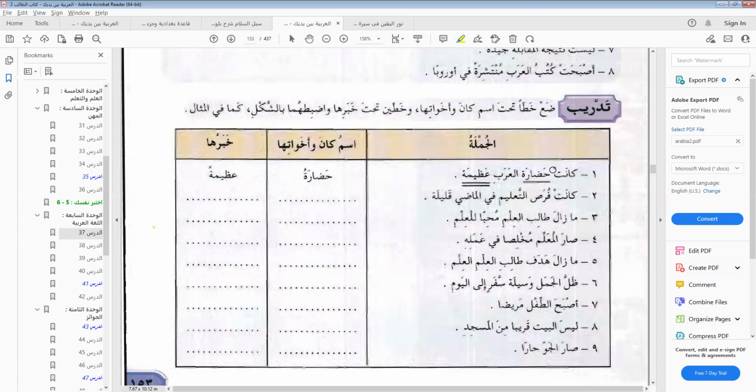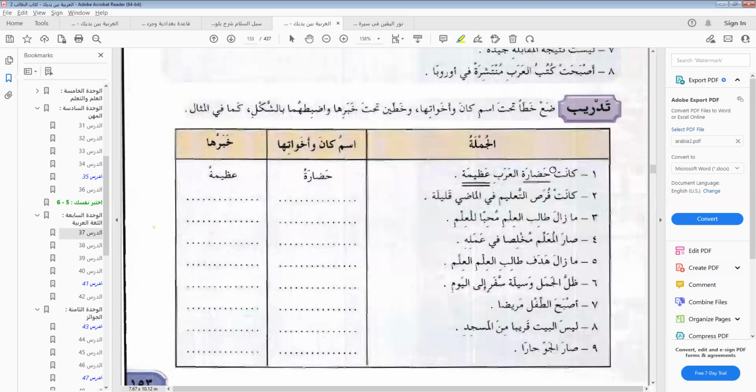We skipped one. Oh, I skipped one. So which one did I skip? ما زال هدف الطالب العلم. The fifth. ما زال هدف الطالب العلم. الهدف اسم كان، علما خبر. So العلم is the خبر, the second one, خبر كان.